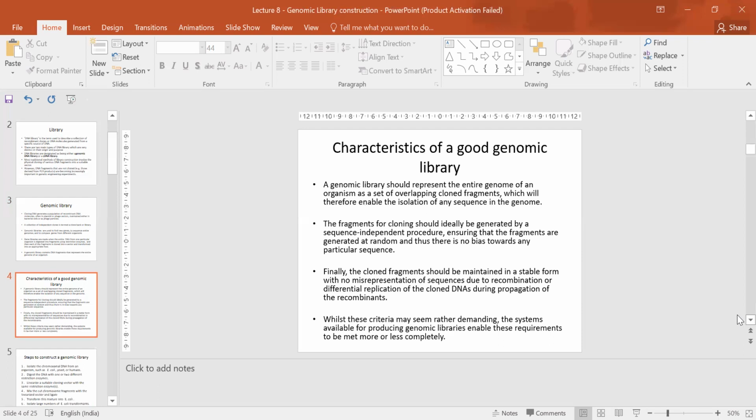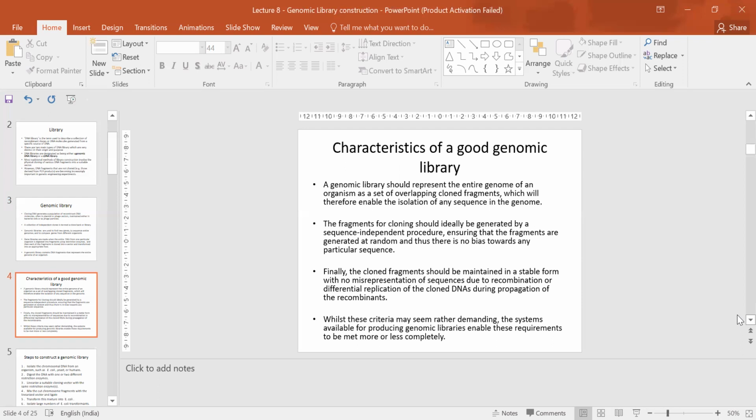So it is important to maintain a genomic DNA library, and the cloning should ideally be generated by a sequence-independent procedure, ensuring that the fragments are generated at random and thus there is no bias towards a particular sequence of interest already present in the reaction mixture.